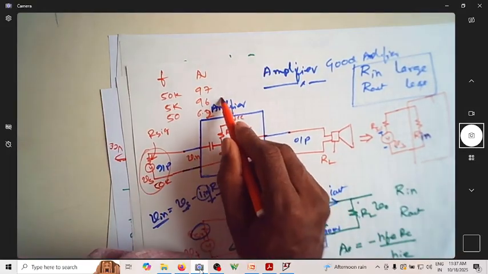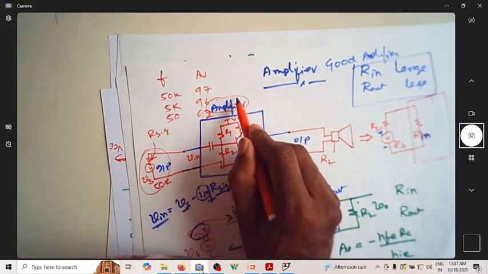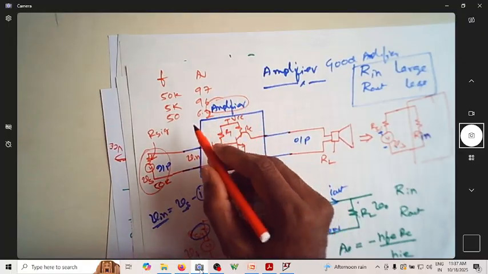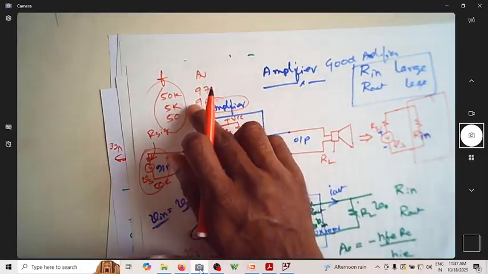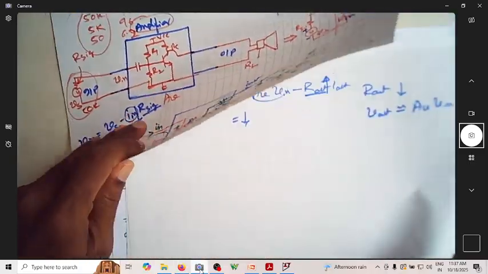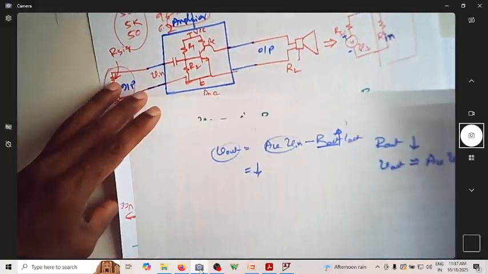That means this amplifier cannot amplify an AC signal of all frequencies with the same gain. When you see the gain change, that is what is known as the frequency response of the amplifier.